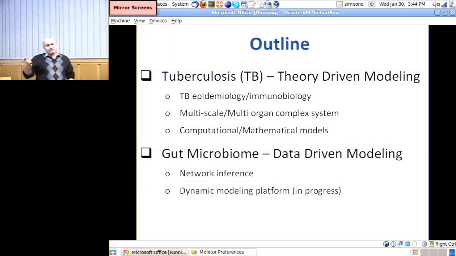In this project, we are at the other extreme, where we have a lot of longitudinal data and we need to make sense of it. So it's mainly about network inference and devising a dynamic modeling platform to describe the changes of microbial communities over time.